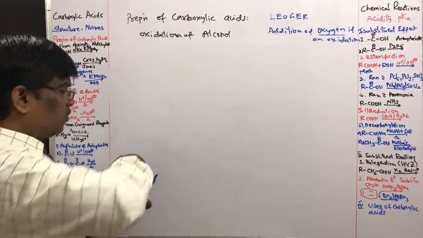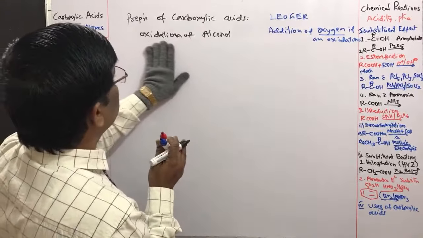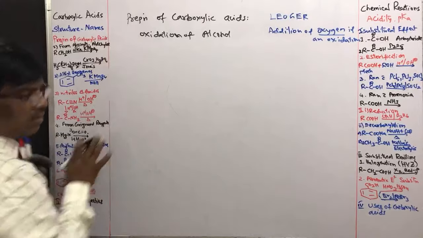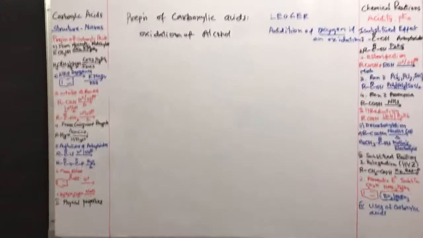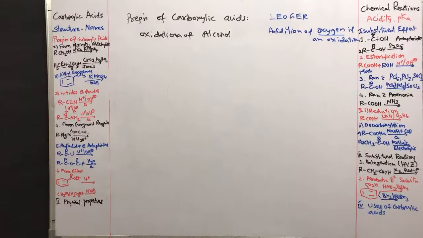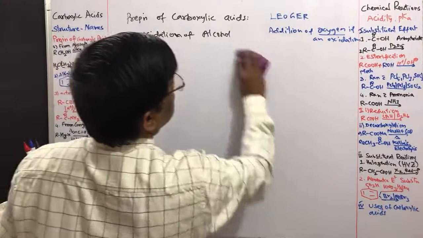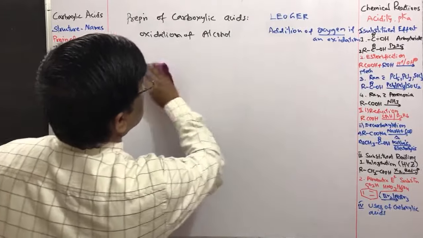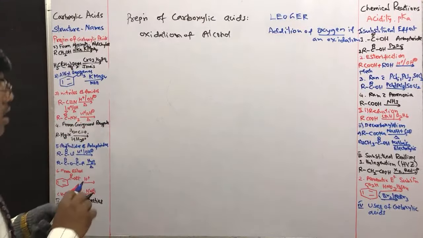Under oxidation of alcohols to carboxylic acid, the second method is using Jones reagent. What is Jones reagent? Yes, students.